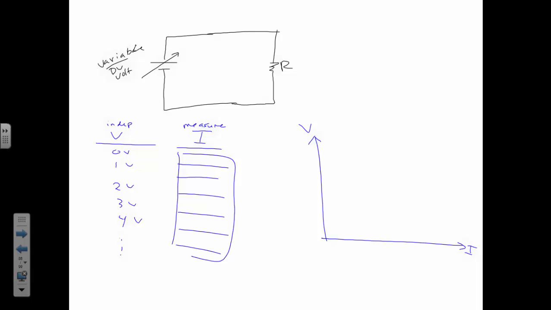All right? It turns out your data would look like this, in a perfectly straight line. So if you were to do this lab experiment, so we had some unknown resistor, and we varied voltage. Now you notice, this is my independent variable, but I plotted it on my y-axis.